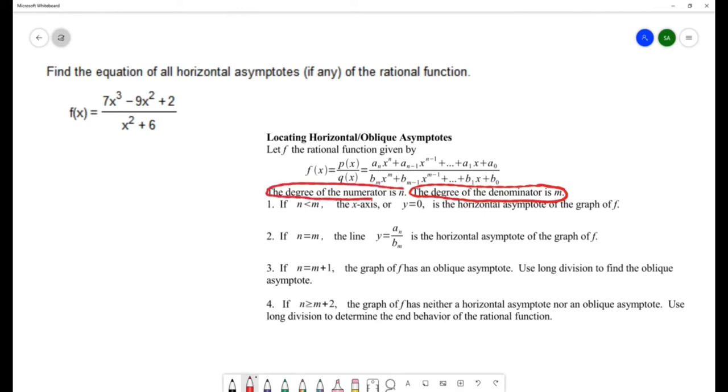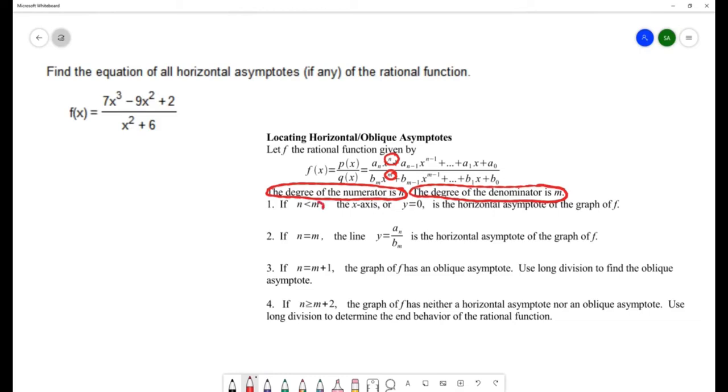So we need to know the highest power on the variable from the numerator and denominator. The degree of the numerator is n, which is the highest power on x from the numerator, and the degree of the denominator is m, which is the highest power on x from the denominator. And all of the rules are based on comparing those values of the degrees.